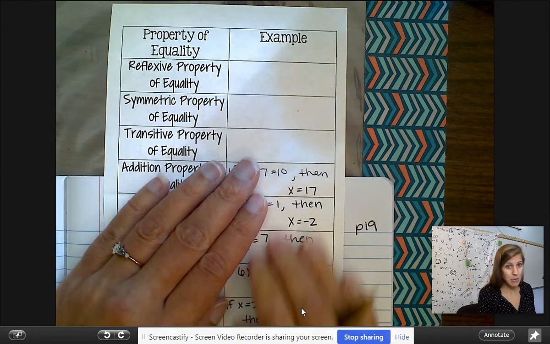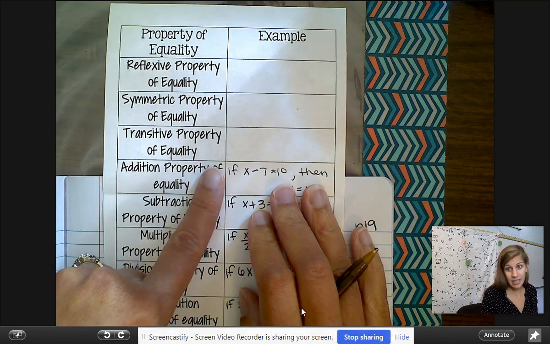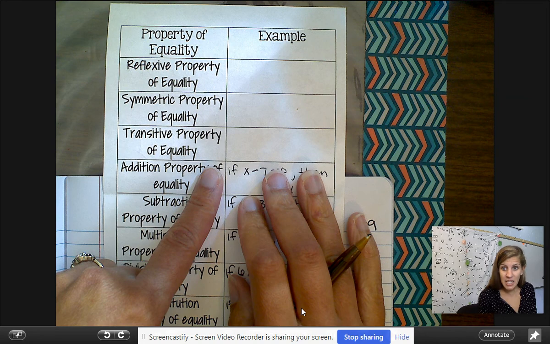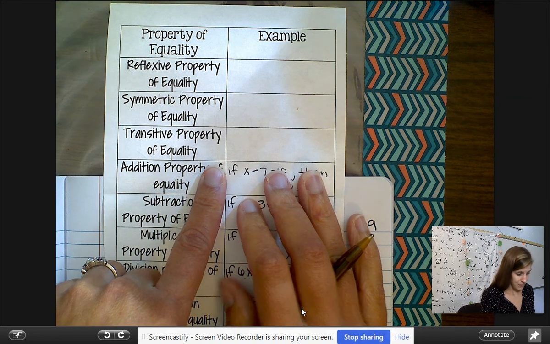Okay, so then these top ones are kind of new and weird. Now the transitive property I really, really like because it's very similar to our law of syllogism.